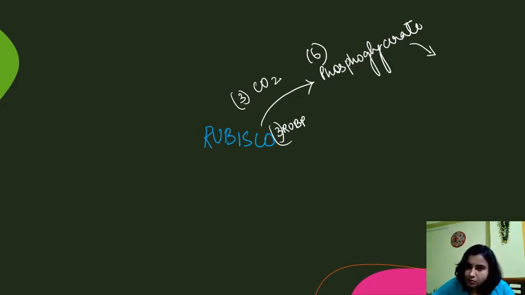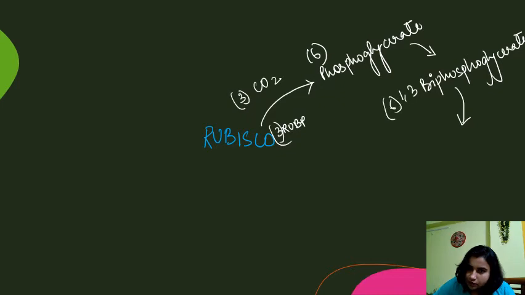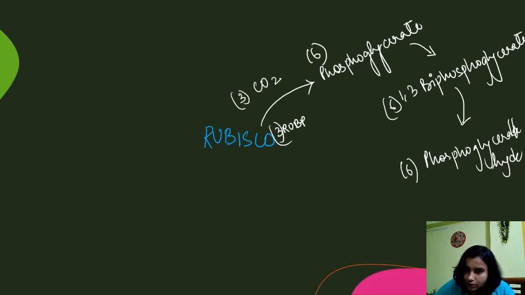Phosphoglycerate will change to 1,3-bisphosphoglycerate, which will change again to 6 molecules of phosphoglyceraldehyde, PGAL.